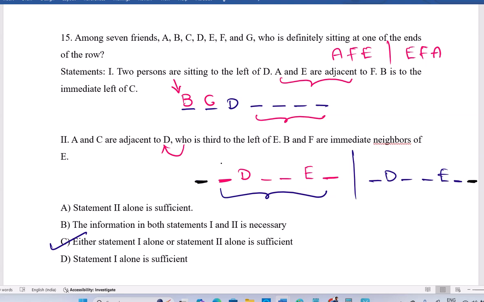And in fact, this will be ARC, this is CRA, this is BRF, this is FRB. Here also it will be ARC, CRA, BRF, FRB.